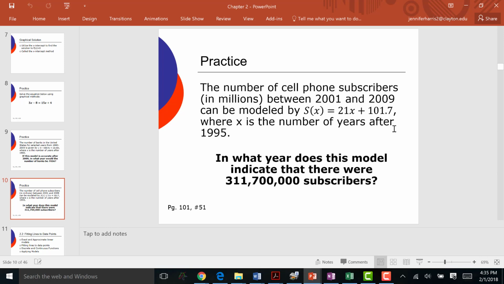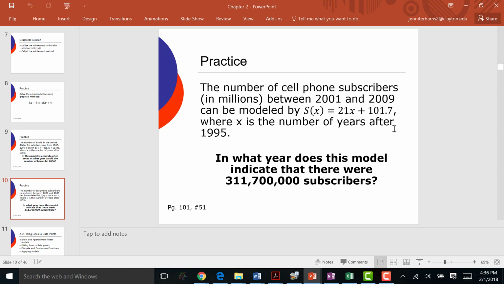So remember, this is your input. Here is S of X, which is your Y. What does the Y really mean? I know it's an equation, but what does the S of X really mean? The number of cell phone subscribers, the number of cell phone users, people who have cell phones.